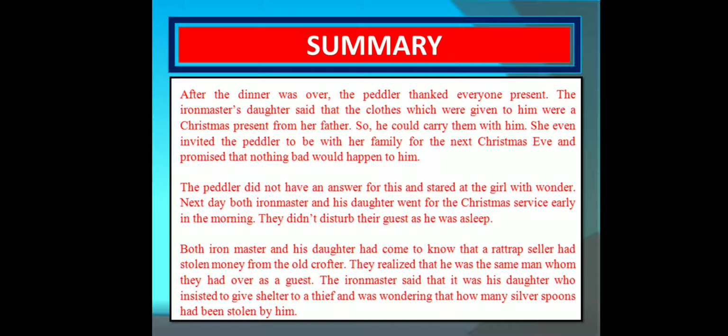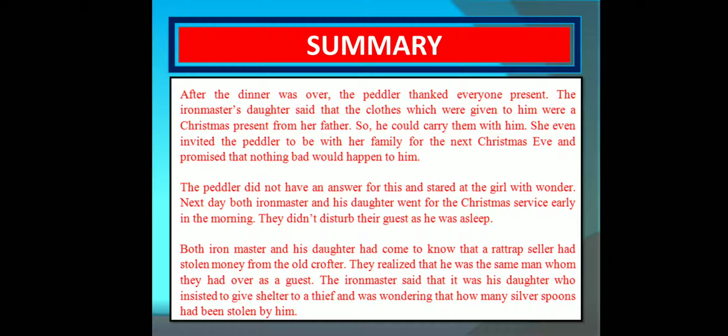The ironmaster's daughter said that the clothes which were given to him were a Christmas present from her father, so he could carry them with him. She even invited the peddler to be with her family for the next Christmas Eve and promised that nothing bad would happen to him. The peddler did not have an answer for this and stared at the girl with wonder.